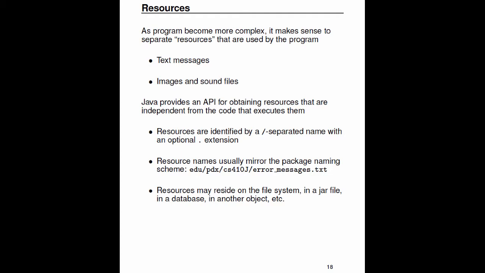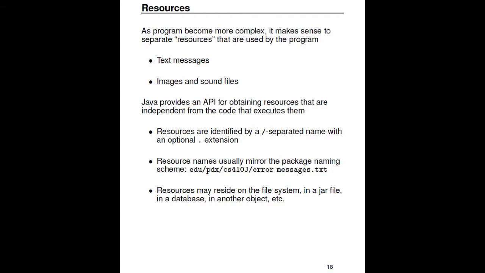So, for instance, messages that are issued by your program, right? Help text or whatever. By now you've probably figured out that it's kind of awkward writing big pieces of text in Java source code, and that's fine because we probably should be keeping big pieces of text out of the source code and in someplace else.